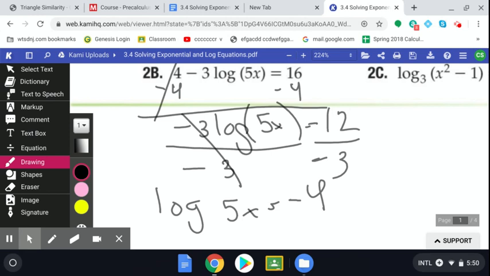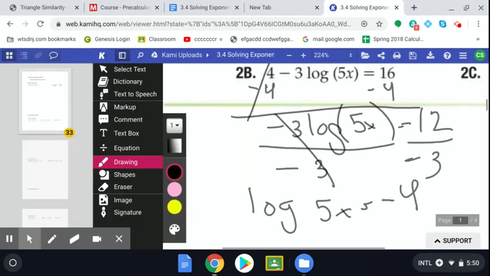You can use the definition of a log, or you can just do a base 10 to both sides. I'm going to use the definition of a log for that. Remember, the base of a common log is 10.